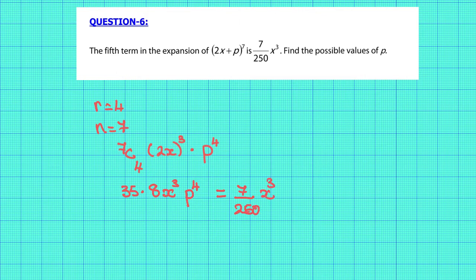Therefore, we get 280 p to the power of 4 is equal to 7 over 250.